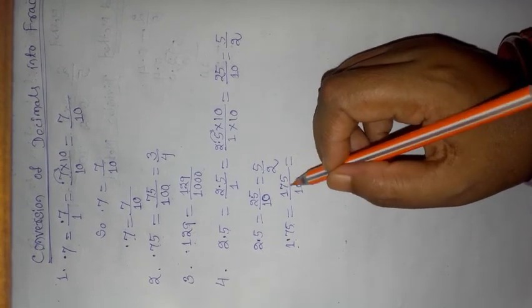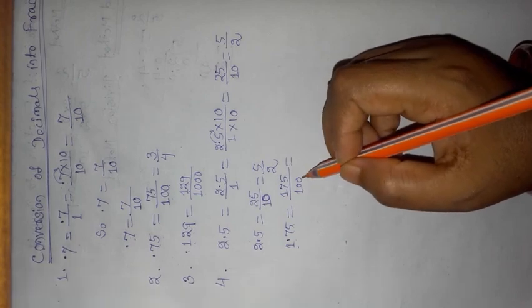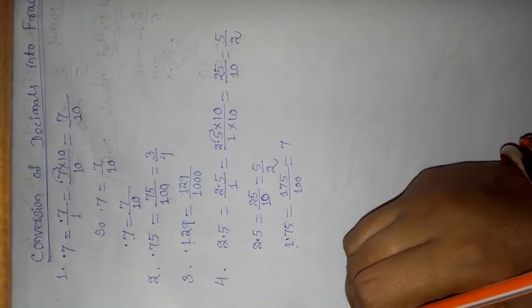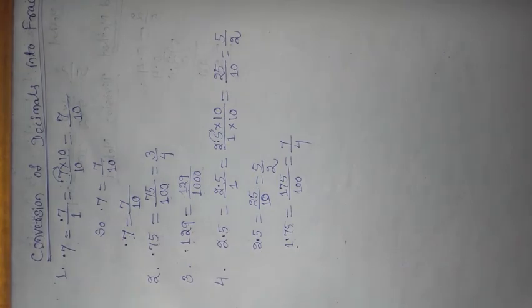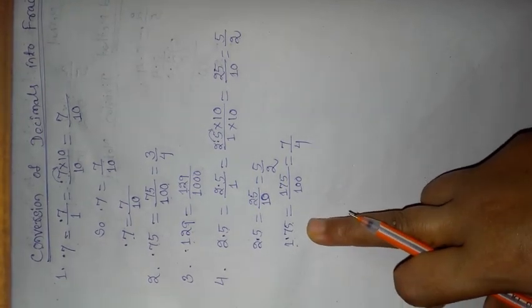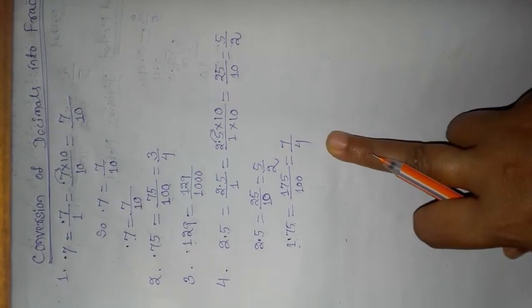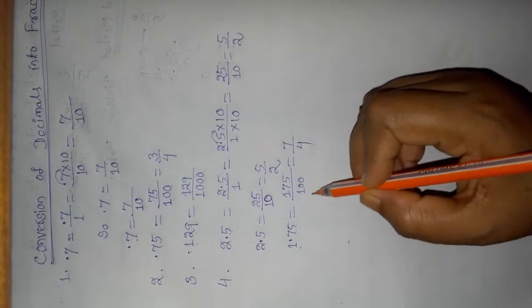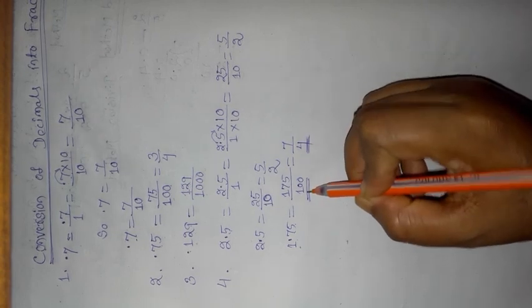Then convert it into its lower form. 25 sevens are 175, then 25 fours are 100. 1.75 is equal to 7 by 4, or 7 upon 4. This is also right. This is the lowest form of this fraction.